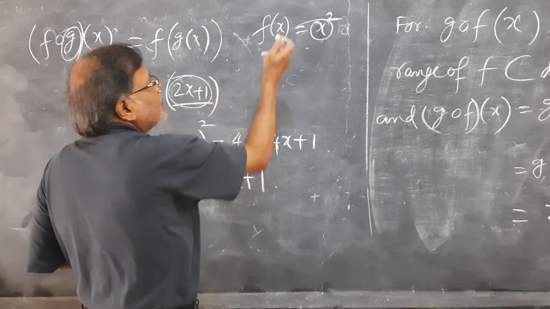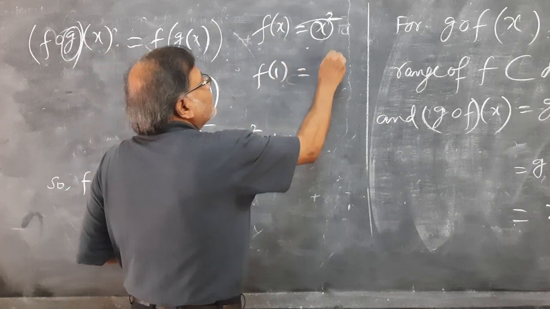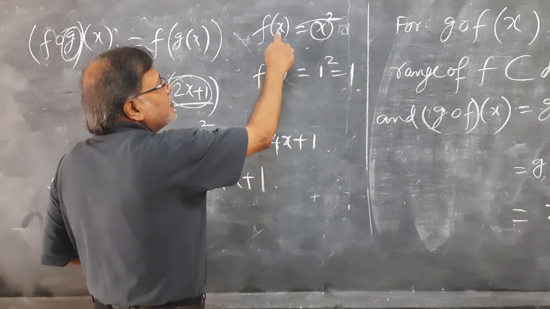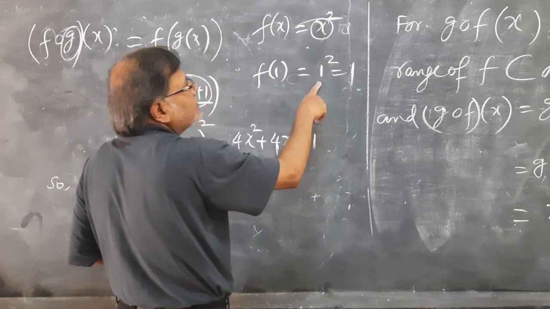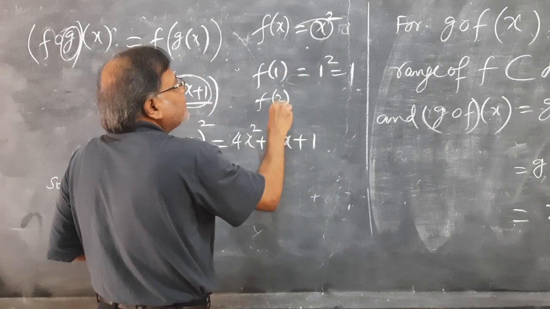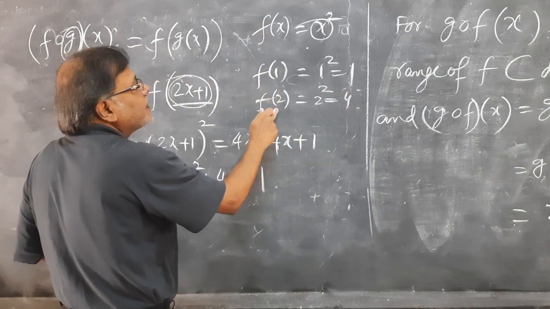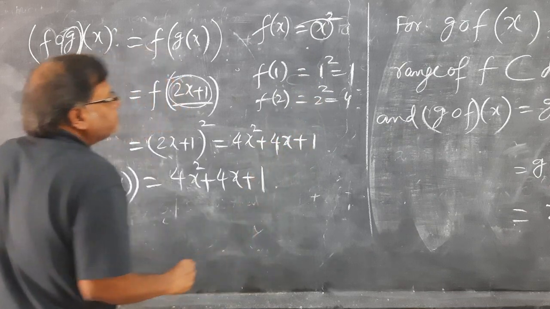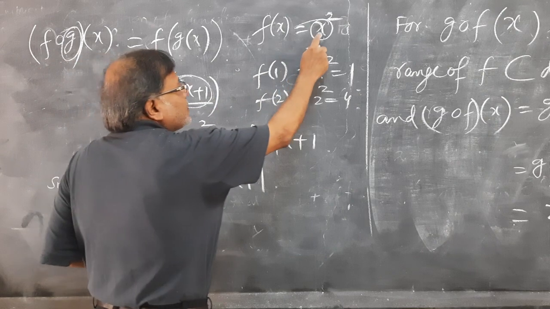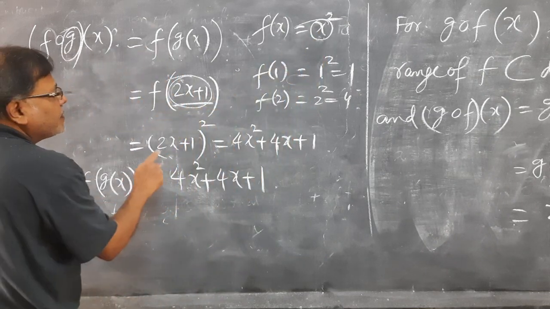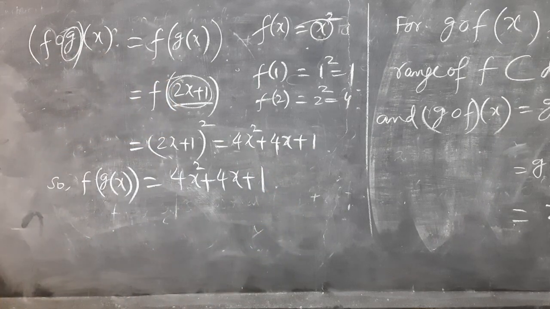Because you have already learned that if f(x) is equal to x square, then f(1) is equal to 1 square, which is 1. Whatever is written in place of x, the same thing should be written in the square. Similarly, if I write f(2), then it will be 2 square, that is 4. So in place of x we have to write 2x plus 1 whole square, which after calculation gives 4x square plus 4x plus 1.